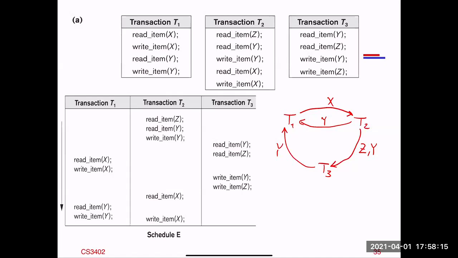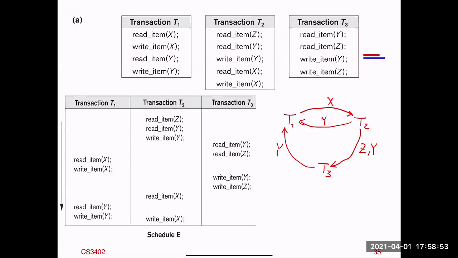Oh, no. So, okay, maybe the last point that I would like to make here is that it doesn't matter exactly what the items are here. As soon as you have a cycle, you have a cycle. It doesn't matter what labels we have, because the point is we can't find an equivalent serial transaction if there's a cycle. That's right.